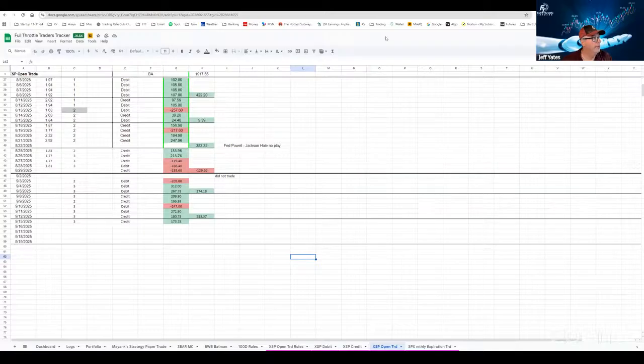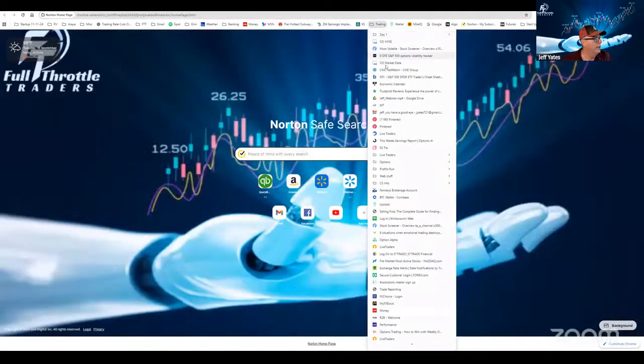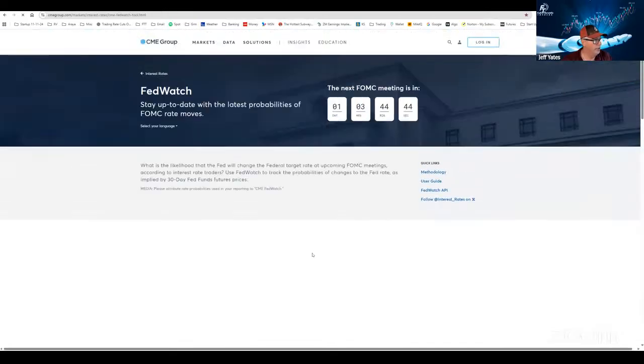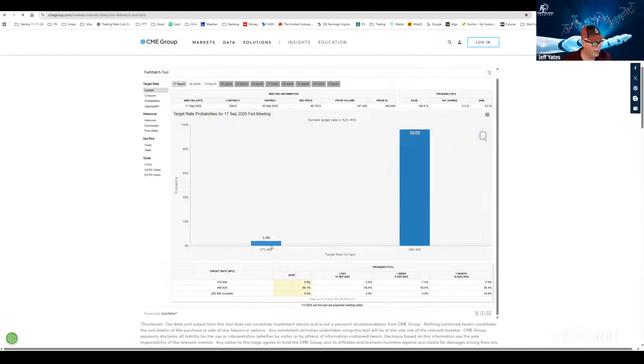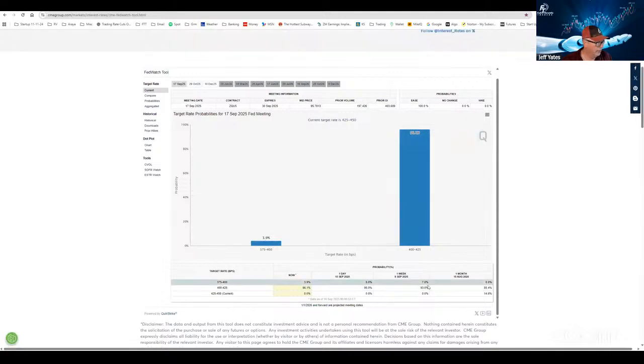Take a look here under the Fed watch for tomorrow. We are seeing 96.1, 3.9. You can see the probabilities continue to drop on the surprise, meaning yesterday was a 5% chance that they were going to surprise.